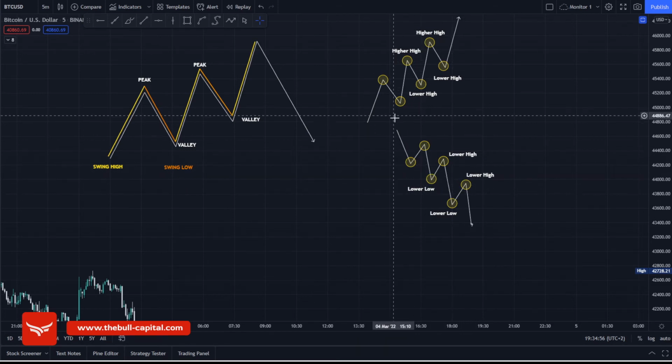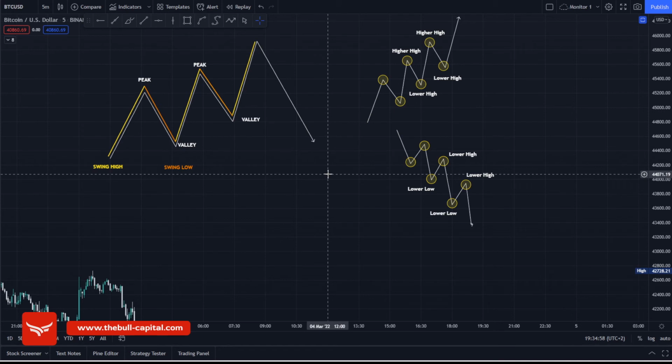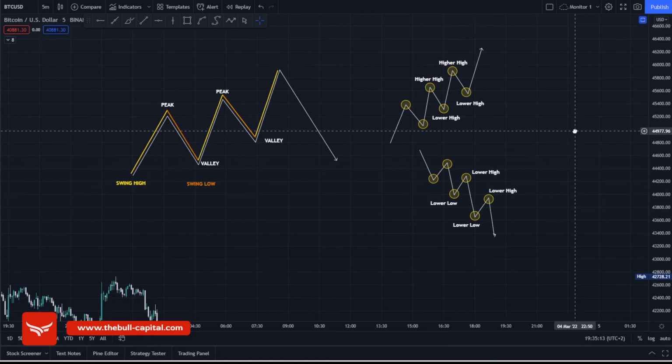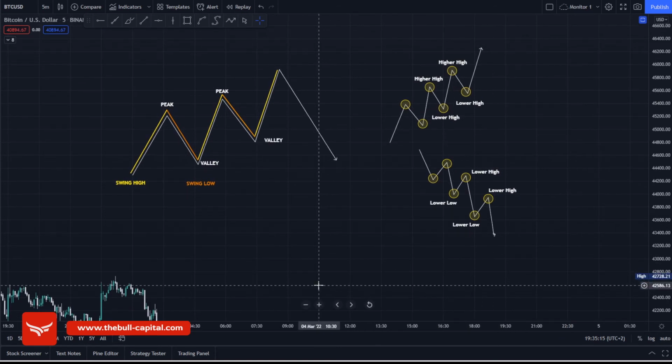So that means when you see lower highs and lower lows, the market goes down. It's in a downtrend. That means we should not long the market. We should not buy when we see lower highs and lower lows.